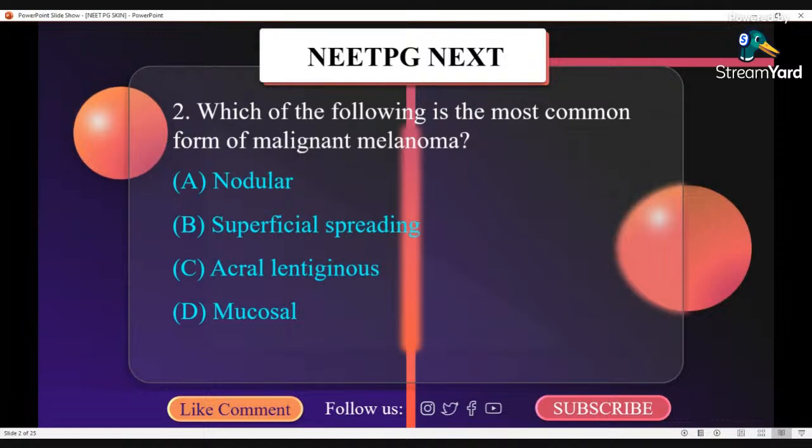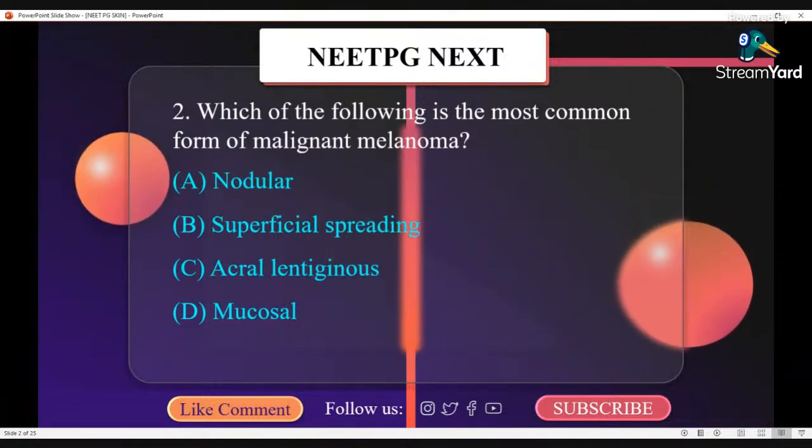Among these forms, superficial spreading is the most common form of malignant melanoma.